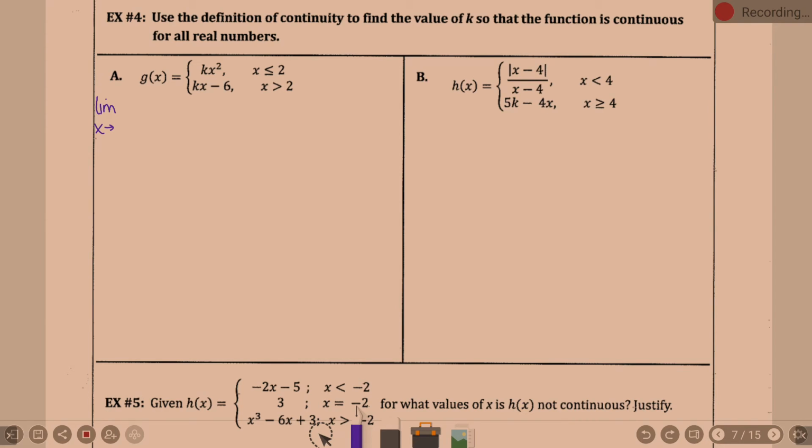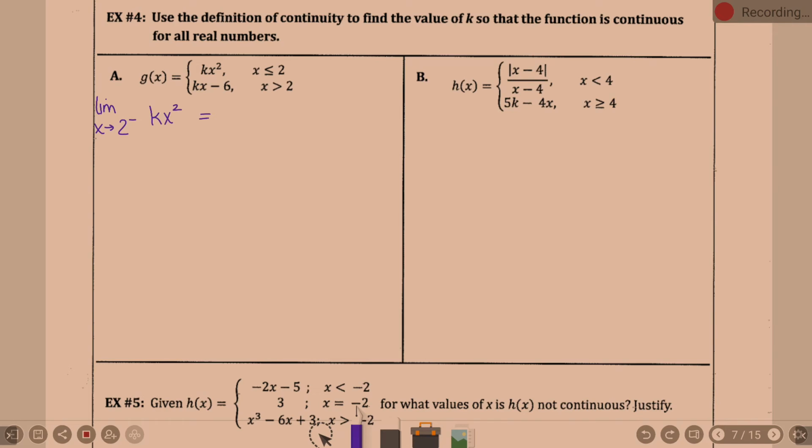I'll start with the left. The limit as x approaches 2 from the left. Which value am I going to use there? Specifically, where x is less than or equal to 2, I'm going to use kx squared.